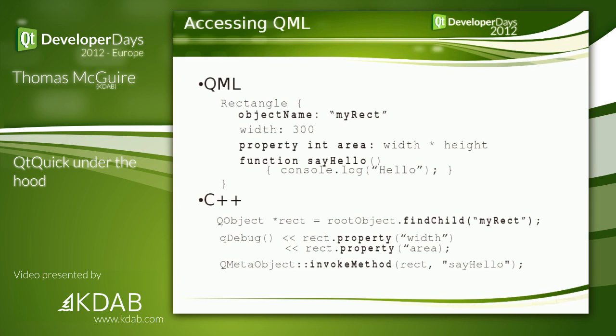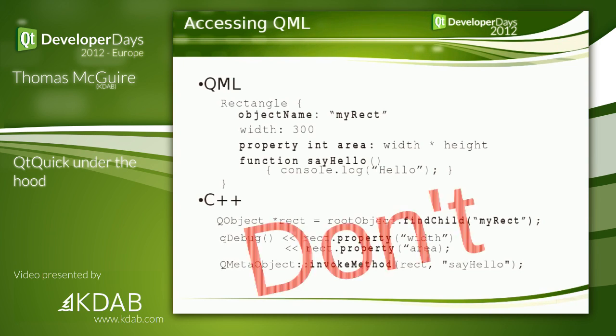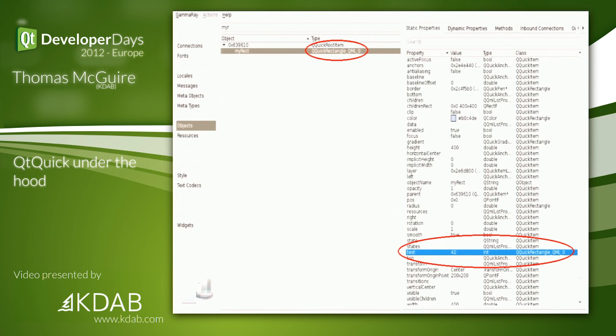And same with the function, right? There is no slot in the C++ class called sayHello. The Qt meta object system doesn't know about it, but still you can actually invoke it. And if you look this up in the tool GammaRay, that's a free software introspection tool for Qt that we wrote, you can list all your objects at runtime.